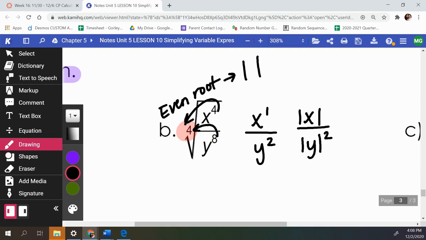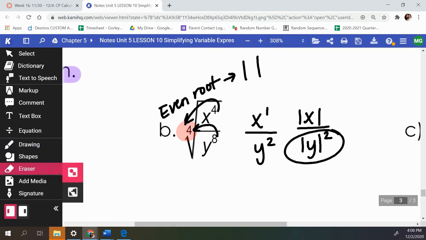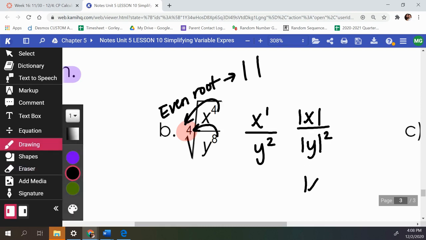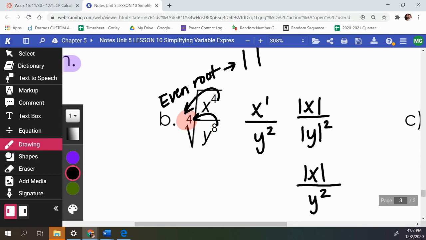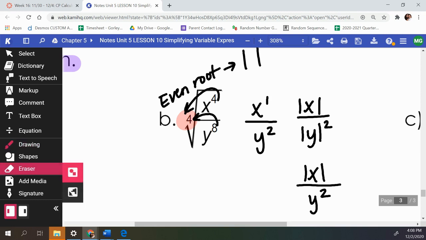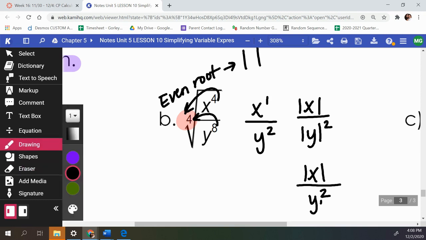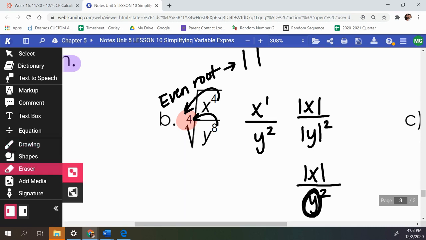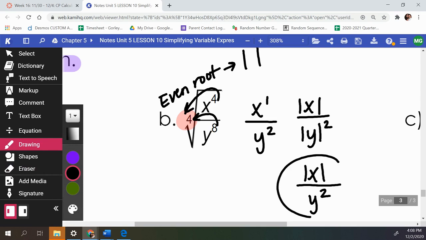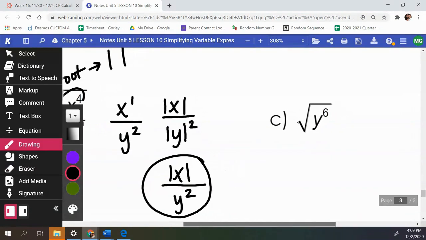Now I'm going to tell you, you don't need absolute value bars in the denominator. Why is that? Well, if I've got y squared in the denominator, I already know that that expression is going to be positive. Whether y represents a negative number or a positive number, it's not going to matter because once I square it, the expression is going to be positive. So that's all I have to write there.